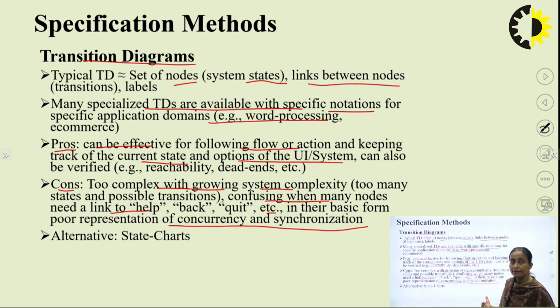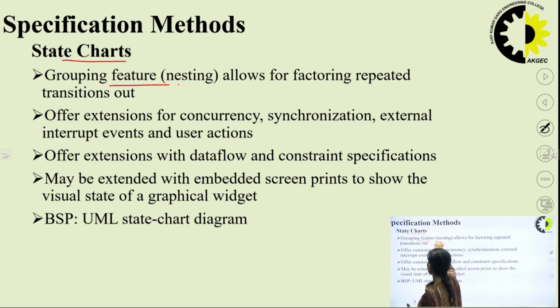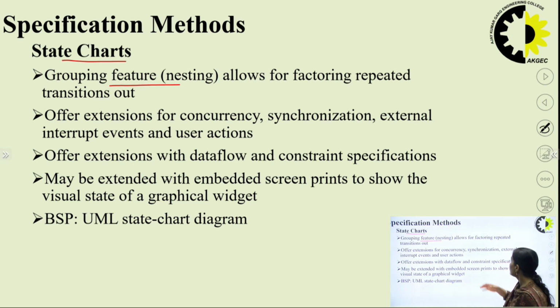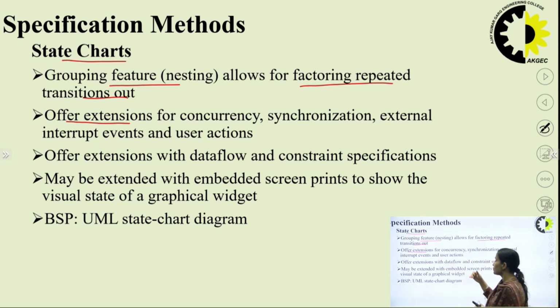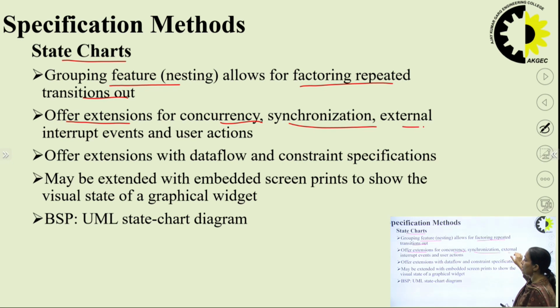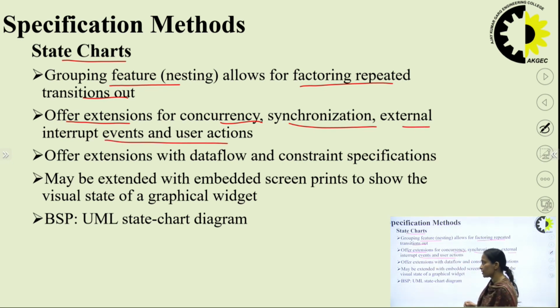The alternative to this transition diagram is to draw the state chart. Now what is this state chart? A state chart is a grouping feature, meaning nesting of the same group of different nodes together, that allows for factoring repeated transitions out. It offers extensions for concurrency and synchronization, and it allows external interrupt events and various user actions.